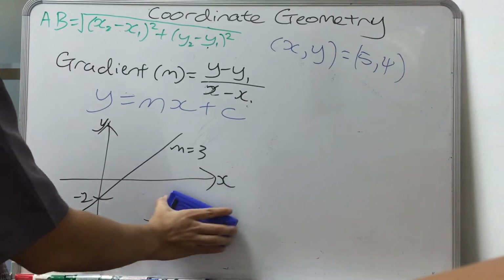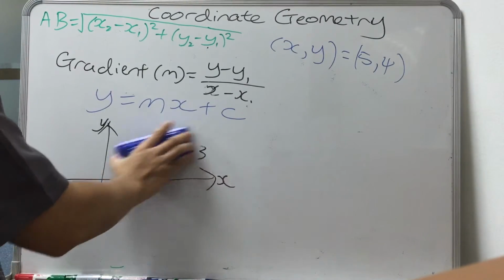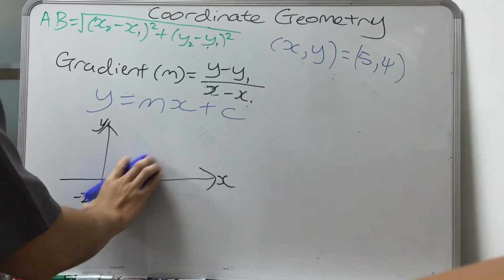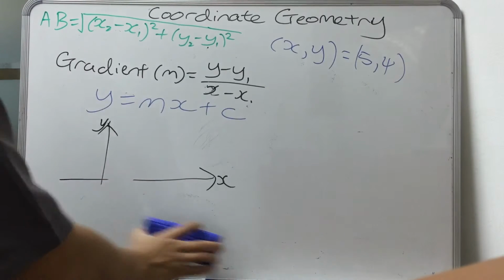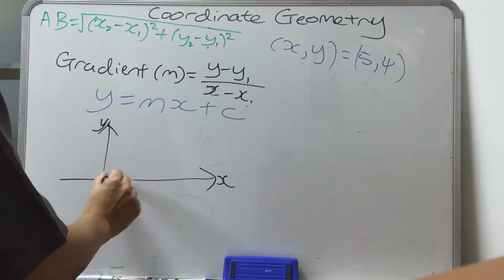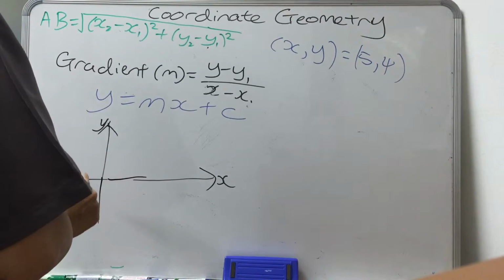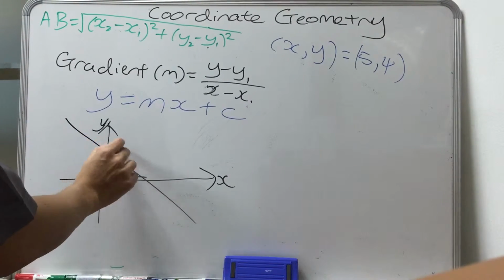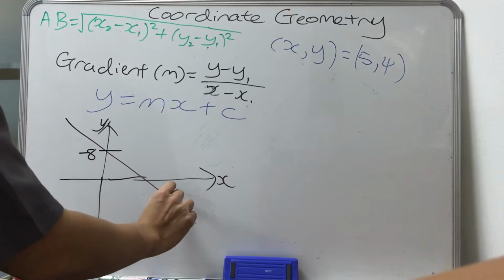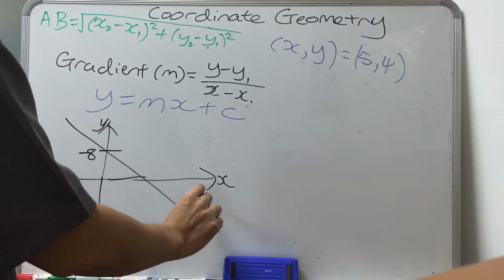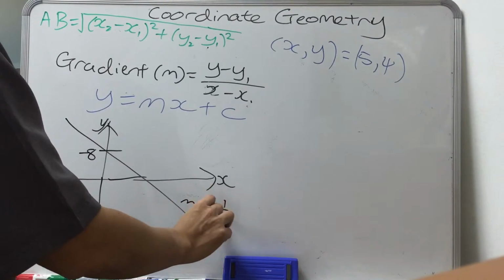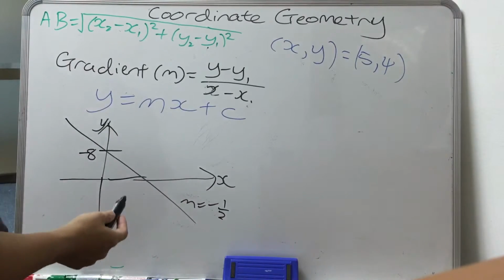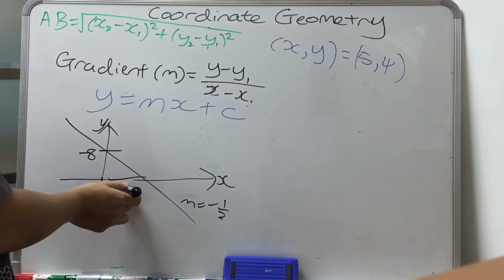Let's take a look at a couple more examples. So for example, here we will see more interesting cases. What about this line? What is its equation? Okay, the gradient of this line is minus half. How do you write the equation of this line?